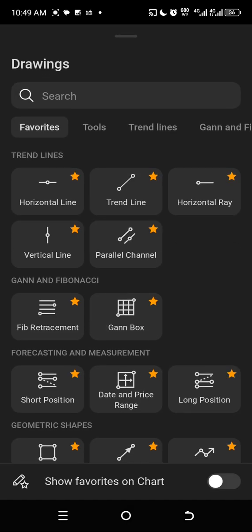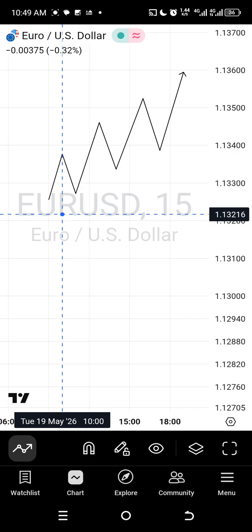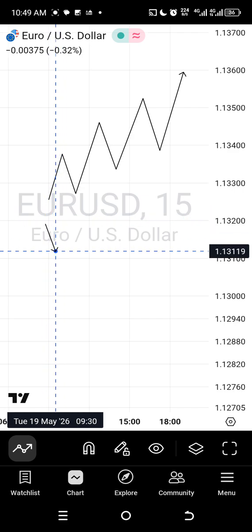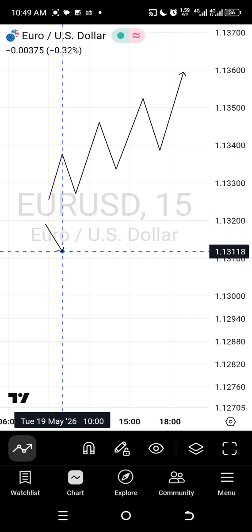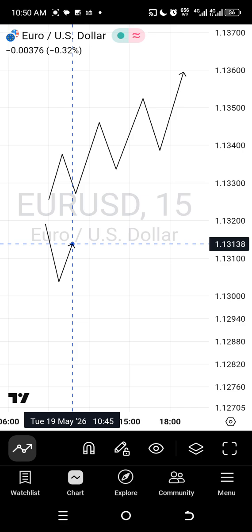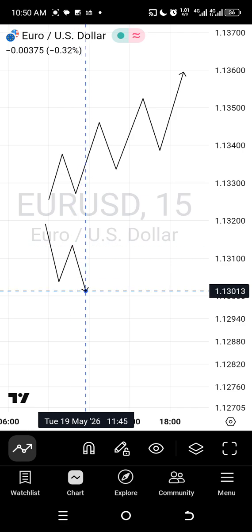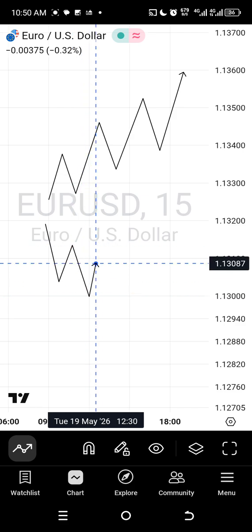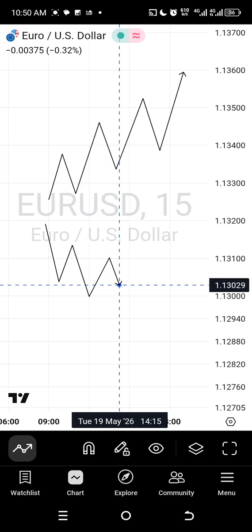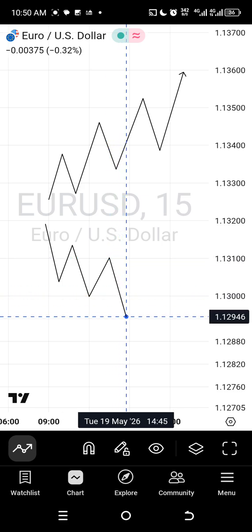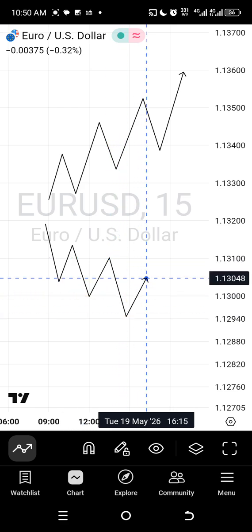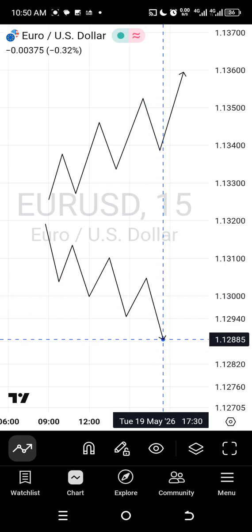Let me explain. The bearish structure is when we have lower lows and lower highs, and then we have lower lows and lower highs again. And then we have another lower low, and we have a lower high, and we have a lower low.